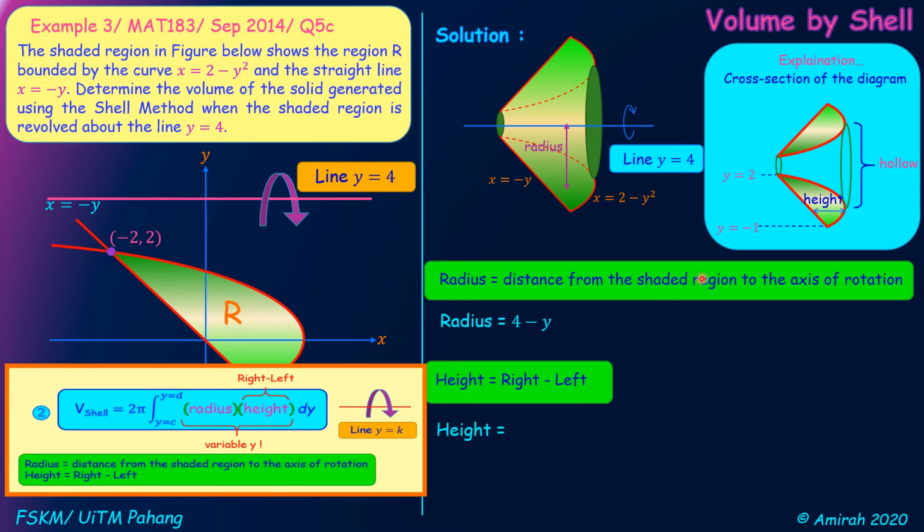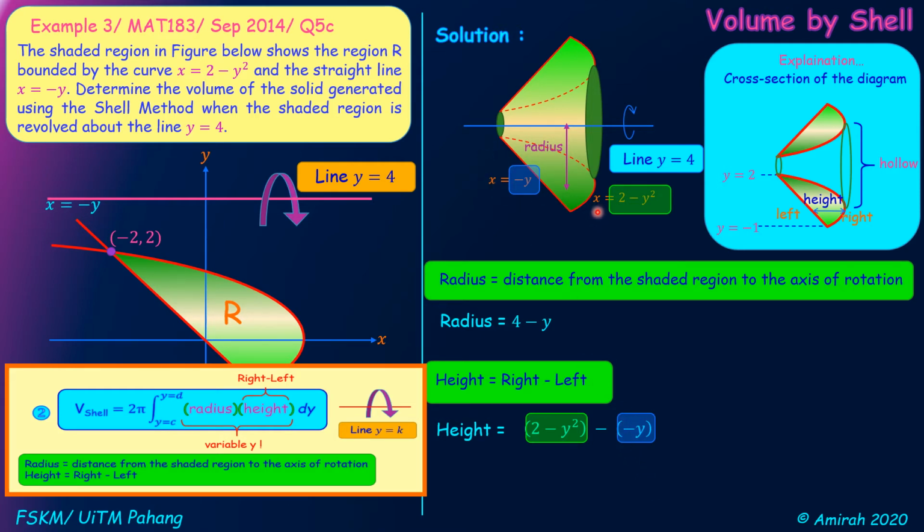This is the right function and this is the left function. So our right function is 2 minus y squared, and our left function, the straight line, is x equals negative y.